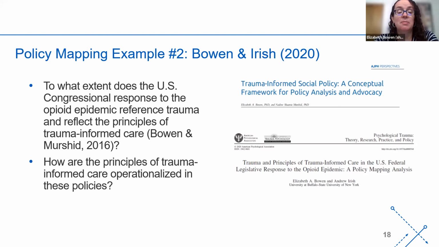So that's what this second paper was about: do we see these principles of trauma-informed policy in this same body of policies made in response to the opioid epidemic? Because obviously there is a big link between trauma and addiction, including opioid problems. So I thought it'd be reasonable to see if there is reflection of these trauma-informed principles in this body of policy.